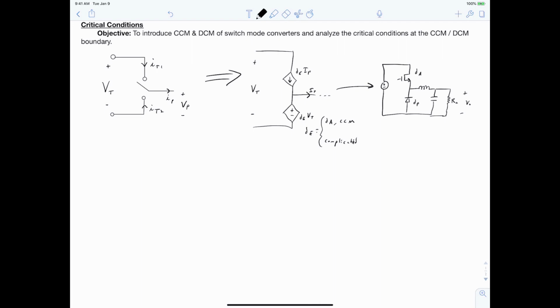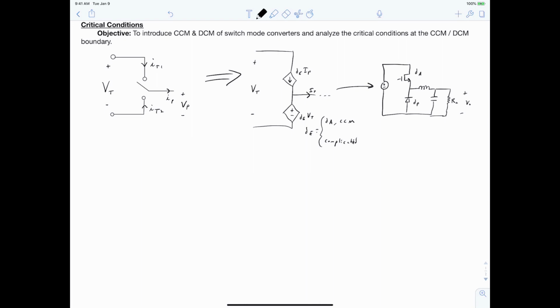And I want to point out here that the equivalent duty ratio being equal to dA for continuous conduction mode implies a converter where the active switch is on the top throw. If the active switch was on the bottom throw, as in a boost converter, the active duty ratio would be dA, but the equivalent duty ratio would be 1 minus dA for continuous conduction mode.